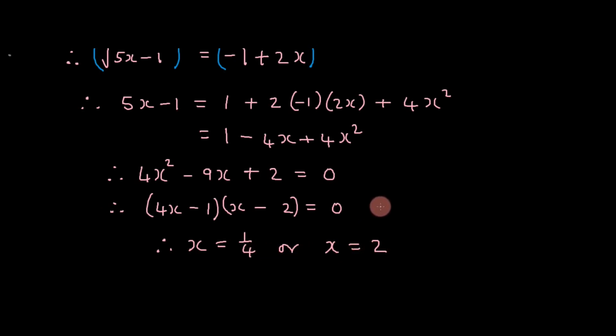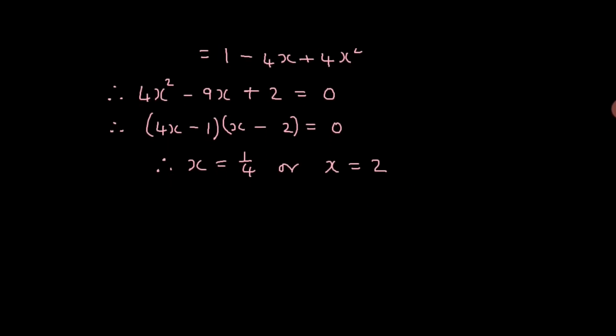Now we need to check our answers. So let's first check x equals a quarter. And we're going to substitute a quarter in for x into the left-hand side of the original equation.